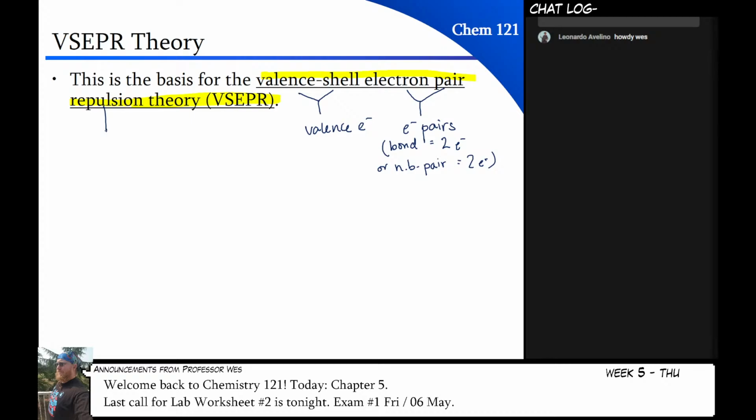And then repulsion: electrons repel. And the word theory just means that we understand this very, very well. We have done lots and lots of experiments to lay the groundwork for this understanding of how matter behaves. We shorthand it to VSEPR because, I don't know, the full name never caught on.